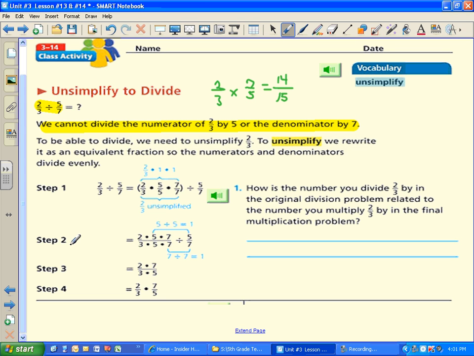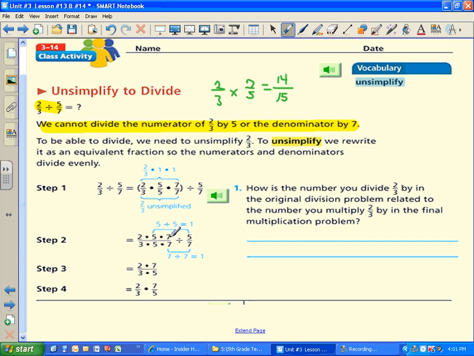In step 2, now you have 2 times 5 times 7 and 3 times 5 times 7, divided by 5/7. Here's where it starts to simplify down.